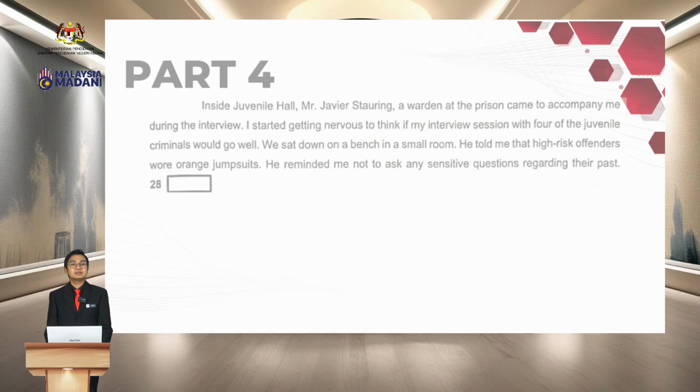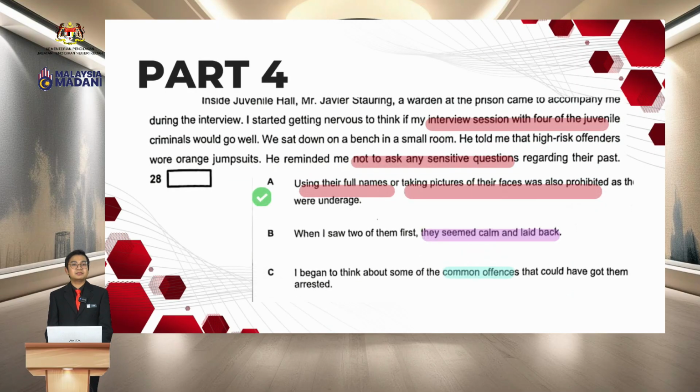So of course the correct answer will be answer choice A. Again, I repeat, using their full names, taking pictures of their faces, this relates to the interview session, relates to not asking sensitive questions during the interview.